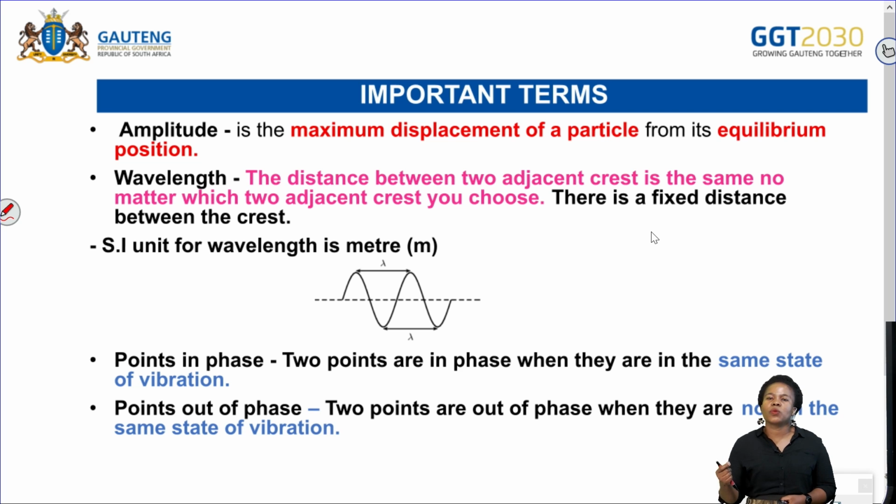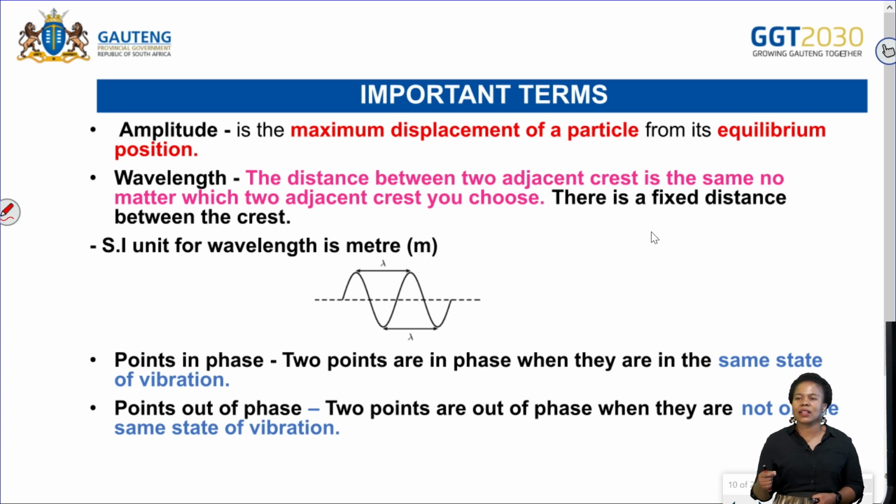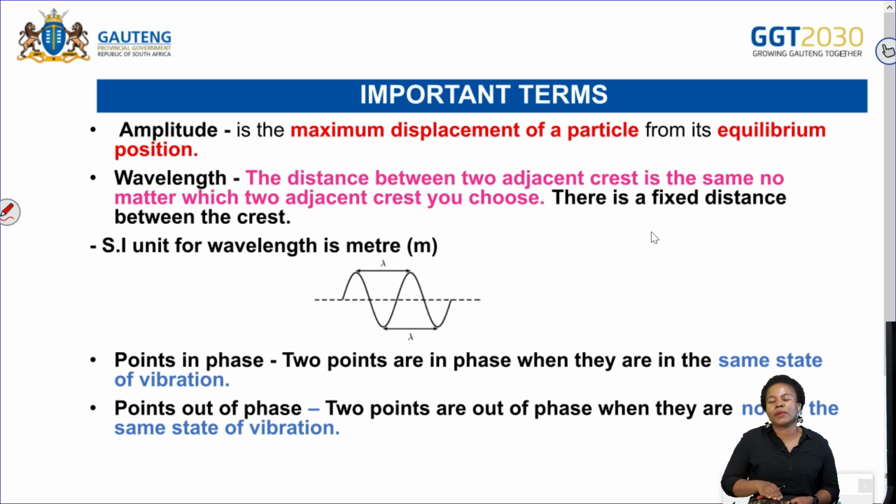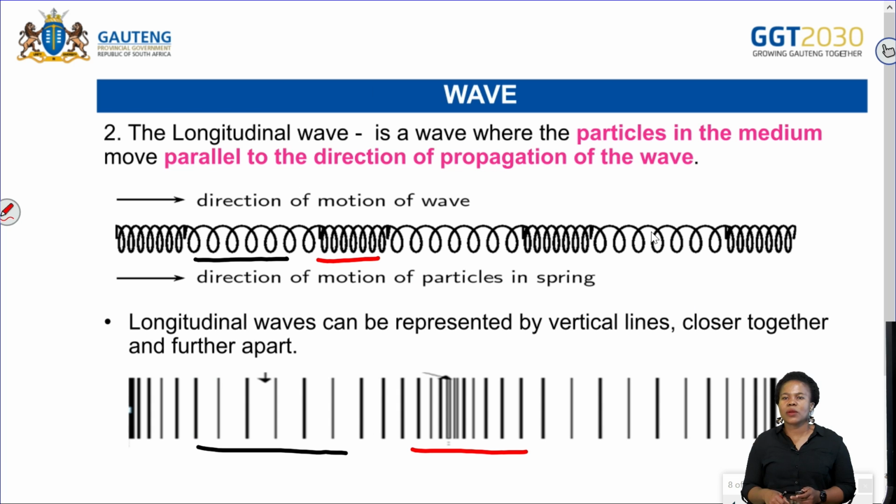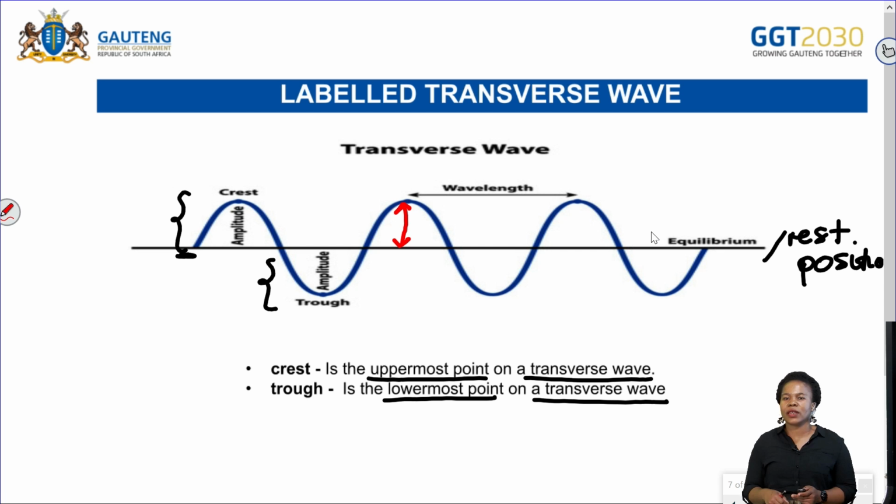Okay, let's begin with the amplitude. It is the maximum displacement of a particle from its equilibrium position. Maximum displacement. It does not mean it will be applicable to a crest only. It can also be applicable to what? To a trough as well. Let's just go back a little bit so that we show this very nicely.